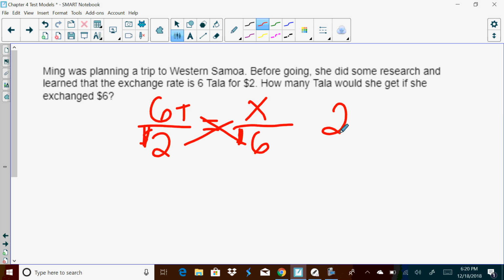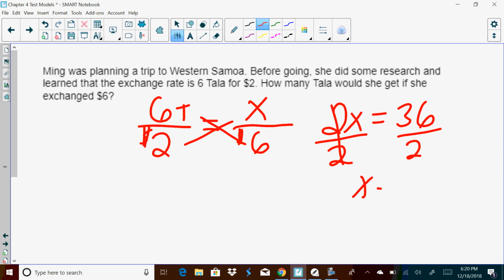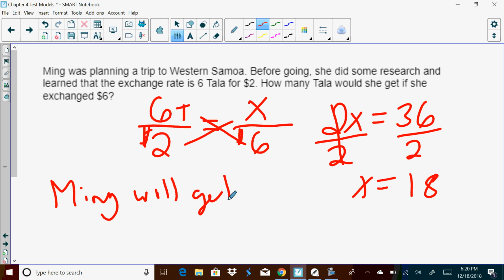So I'm going to get 2x equals 36, divide by 2, I get x equals 18, so Ming will get 18 tala.